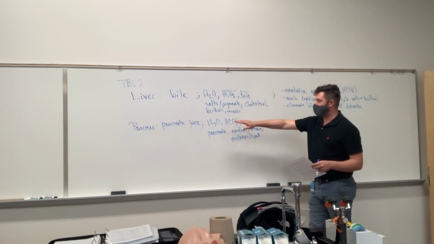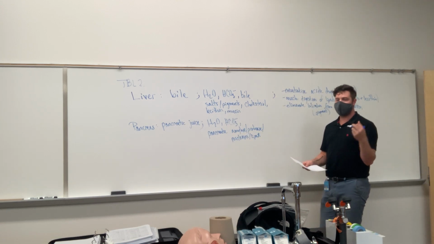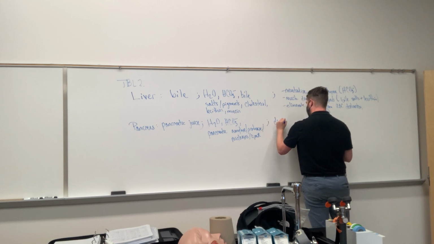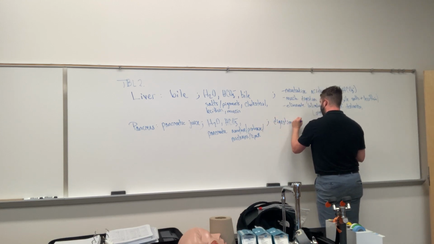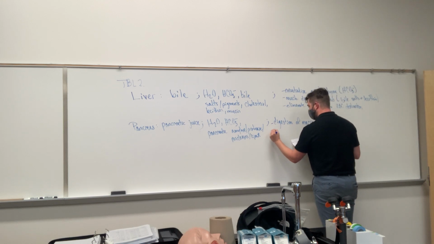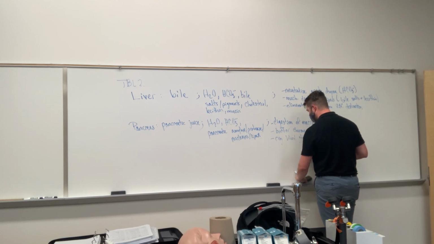So pancreatic juice is a combination of water, bicarb, and 4 different enzymes that will help to digest macromolecules. So digestion of macros, buffer chyme.